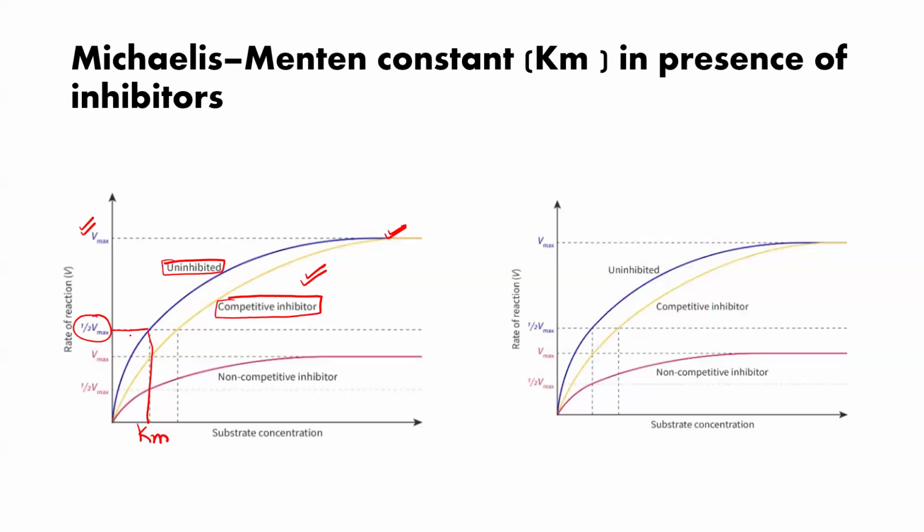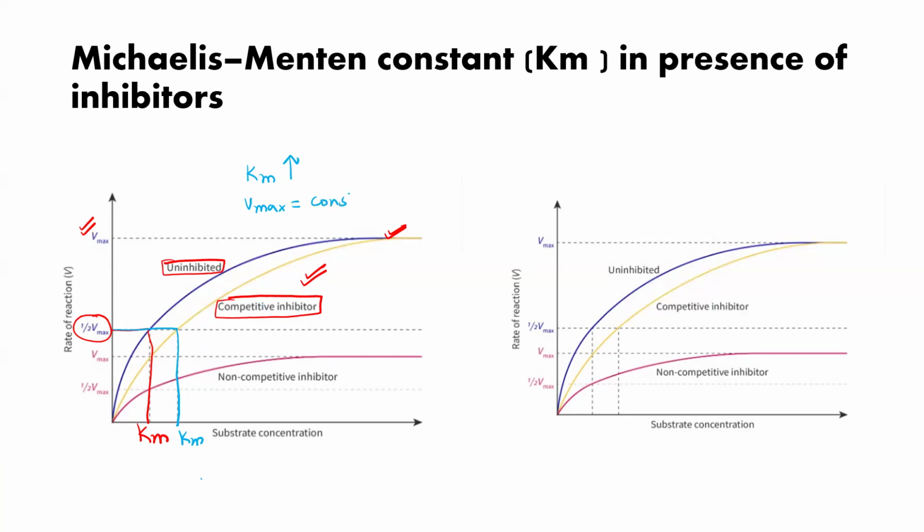But in the case of a competitive inhibitor, you can check. I'll just use a different color. In the case of a competitive inhibitor, you can find the value of Km has increased. It means in the case of a competitive inhibitor, the Km value is increasing, but Vmax is constant.